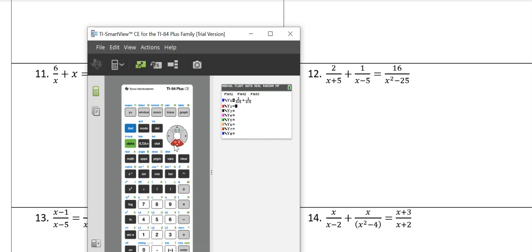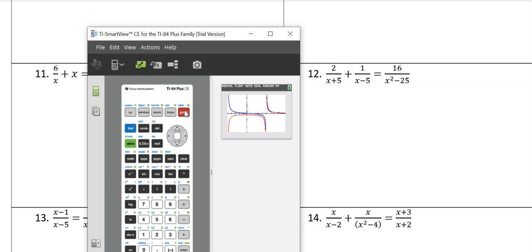We go down to y2 and hit alpha y equals 1 again, and then it's 16 over x squared minus 25. And I graph it.